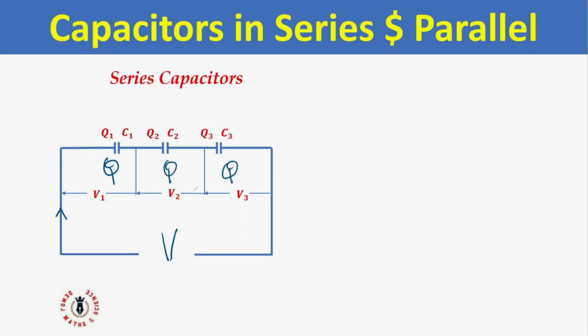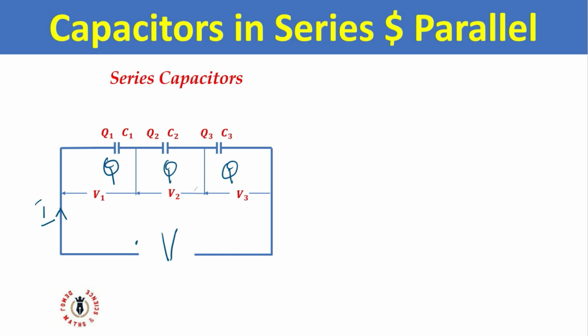When capacitors are connected in series, current emanates from this voltage source, and if we call this current I, it obviously will deposit charge across each of these capacitors, and the charge deposited on these capacitors will be uniform because the capacitors are connected in series, so equal charge will be deposited.